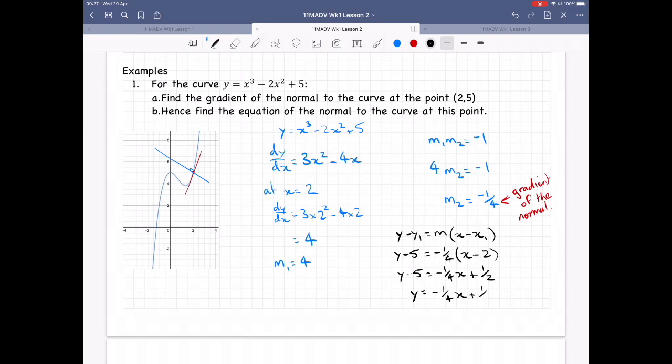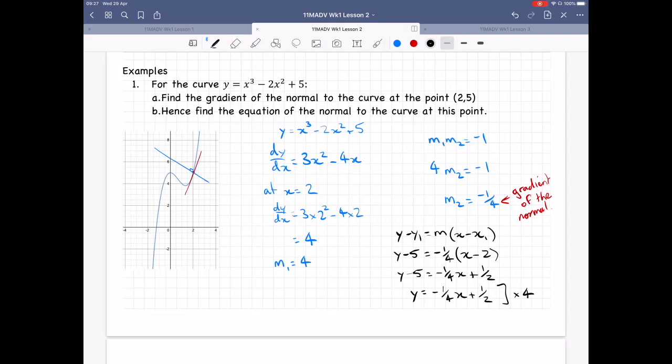plus 11/2. And as finding the gradient of the normal often has fractions as our gradient, a lot of the time we will show this in general form for the equation. So we're going to multiply everything by 4 to get rid of the fractions.